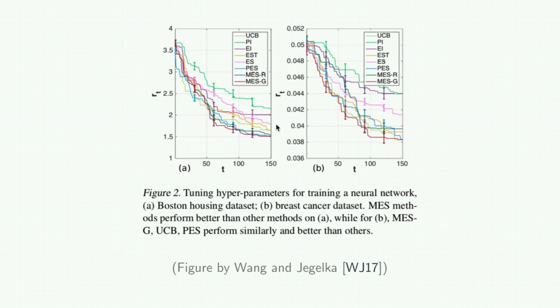And we see that all the entropy search approaches perform similarly, with in some cases a slight advantage of max value entropy search, but in other cases they perform very similarly. So overall, probability of improvement is performing worse. You see it here, but both expected improvement and entropy search techniques perform pretty well in practice.